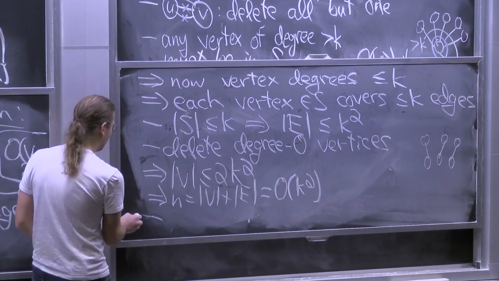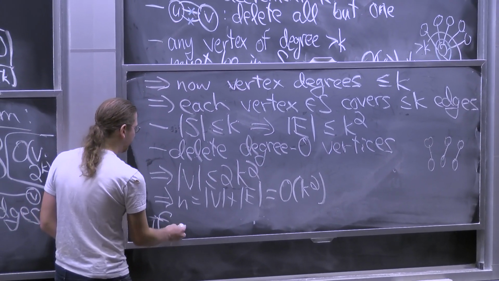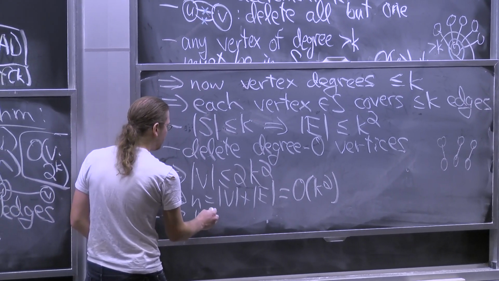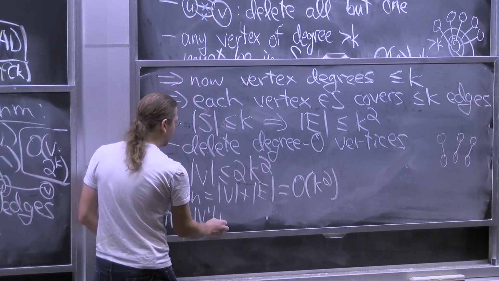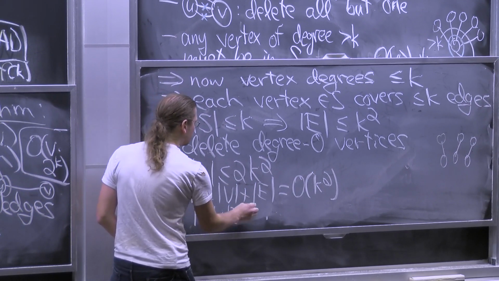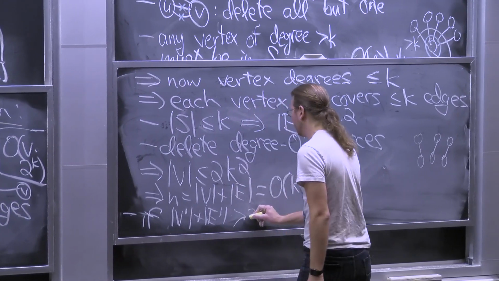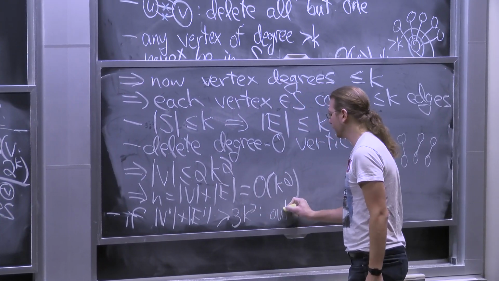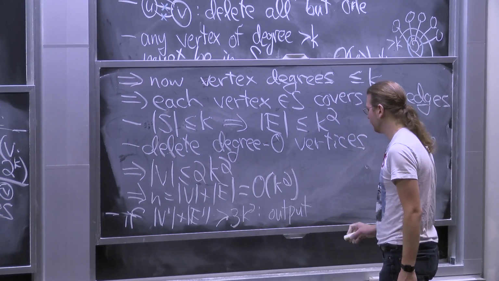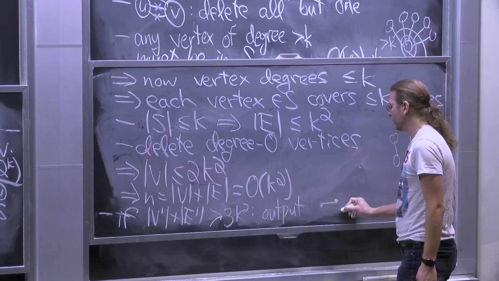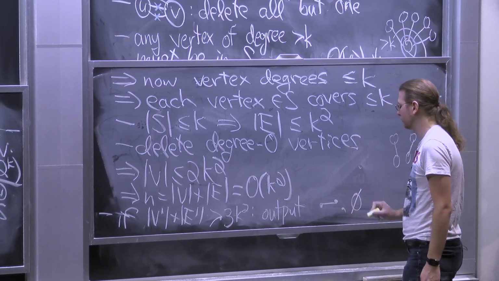So I mean, this is sort of outside. But if the newly produced graph, I'll call it V prime plus E prime, is greater than 3 times k squared, then output, and here I can actually give you one. Let's say I'm going to output the graph, which is a single edge with 2 vertices, and k equals 0.